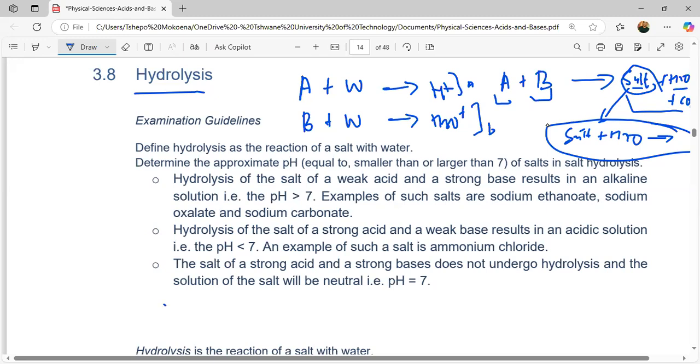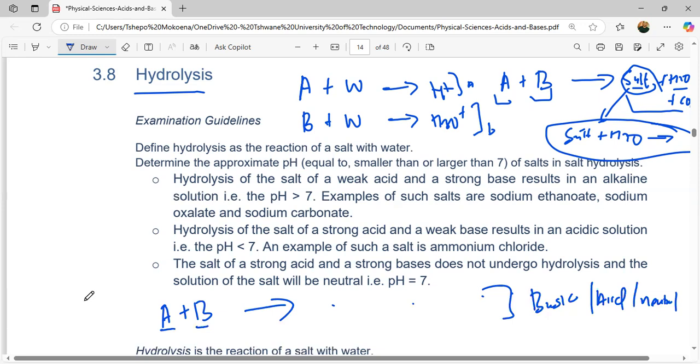When acid reacts with base, we're going to form a product, salt, whatever. But this solution could be basic, depending on which acid and which base reacted. Or the solution could be acidic. Or the solution could be neutral. So this depends on what acid and base have reacted.